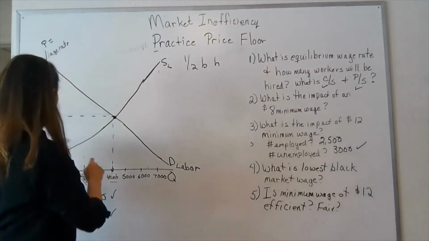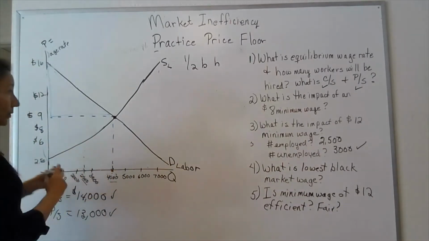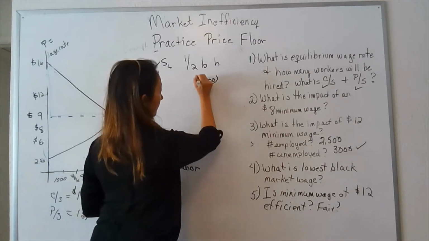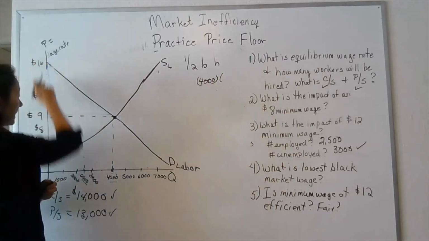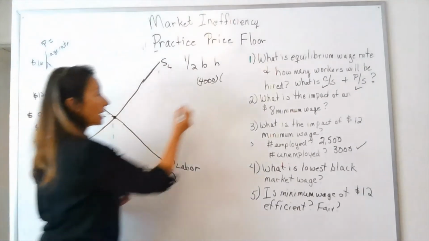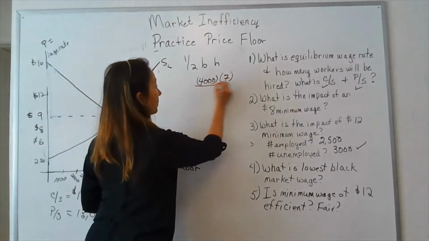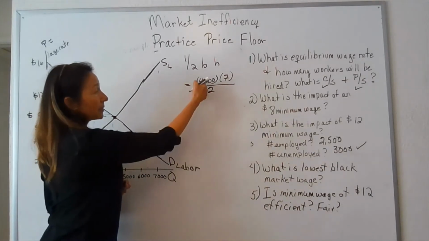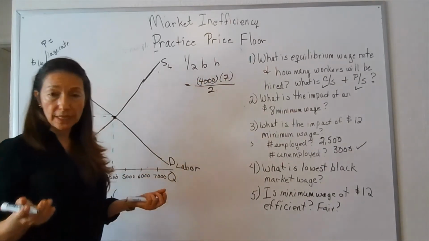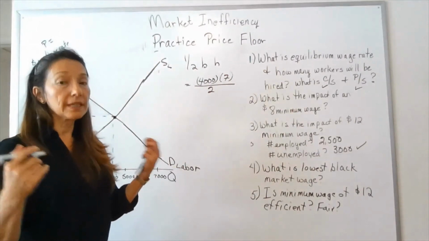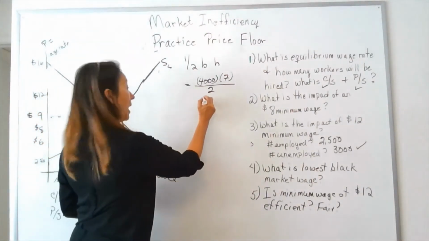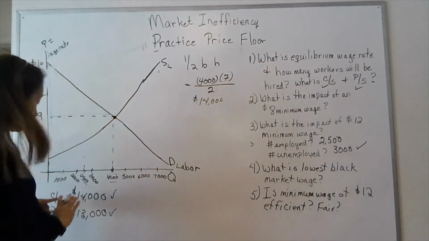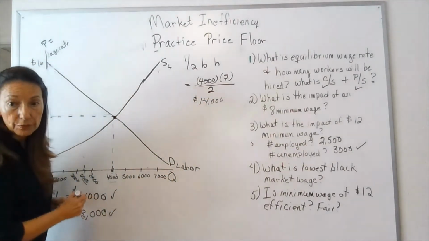So the base is going to go from 0 to 4,000, and the height is 16 minus 9. 16 minus 9 is 7. And we're going to divide all that by 2. We work this out: 4,000 times 7 is 28,000, divided by 2 gives us a consumer surplus of $14,000. I'm just going to jot that down here so that we can use that for future reference.